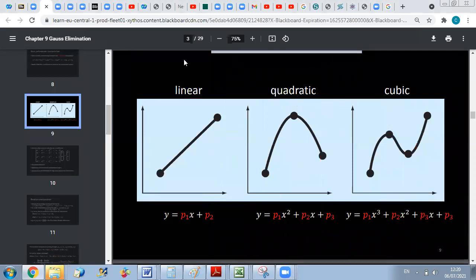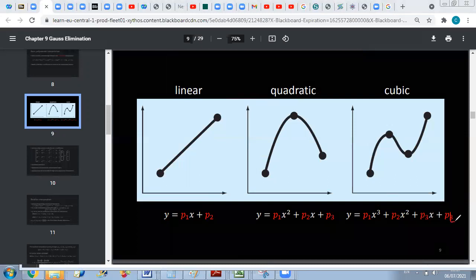If I want to do a quadratic interpolation, I need 3 points, and I have 3 unknown coefficients, P1, P2, and P3. And if I want to do a cubic interpolation, then I have 4 unknown coefficients, P1, P2, P3, P4. And I need to take 4 data points to be able to solve for my P1, P2, P3, P4.